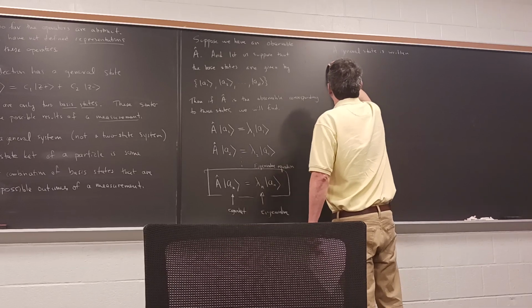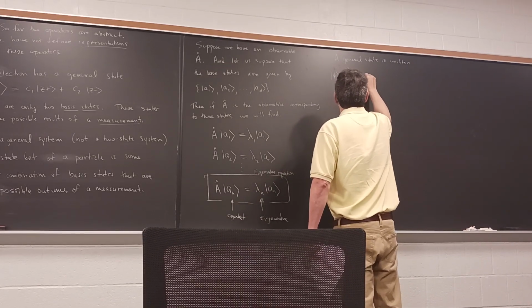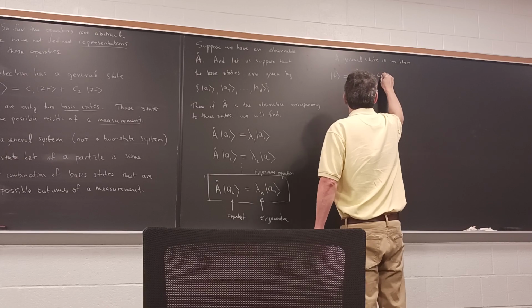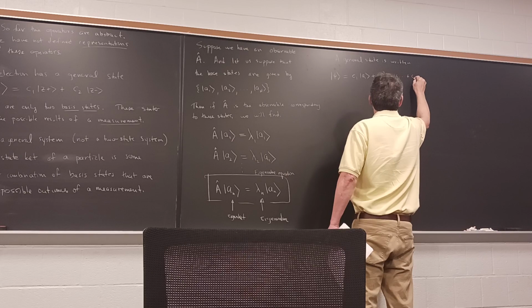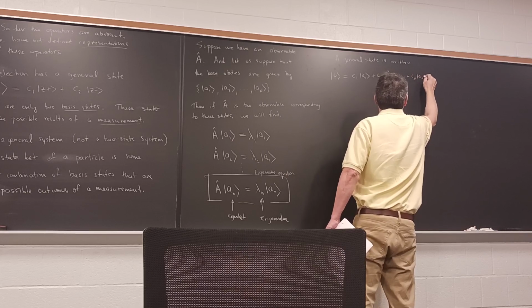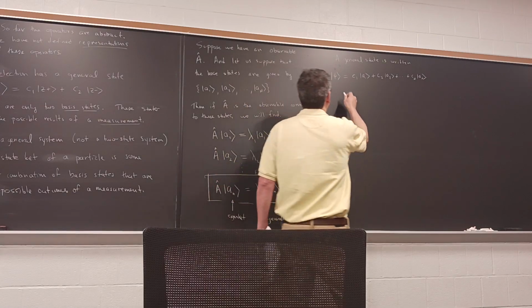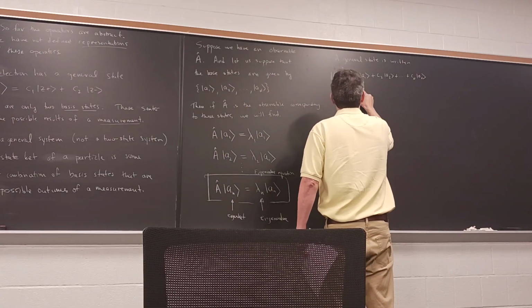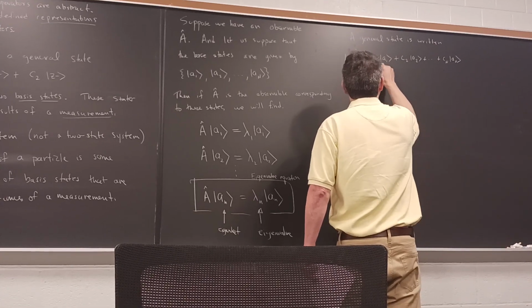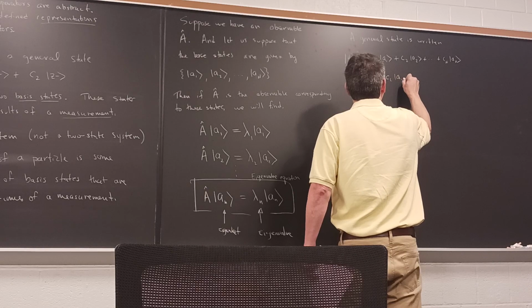Okay, so let's just suppose that we have a general state. We would write psi equals C1 A1 plus C2 A2 plus up to Cn An. Instead of writing it all out, I will probably in the future just write the sum over i equals 1 to n of Ci A sub i.